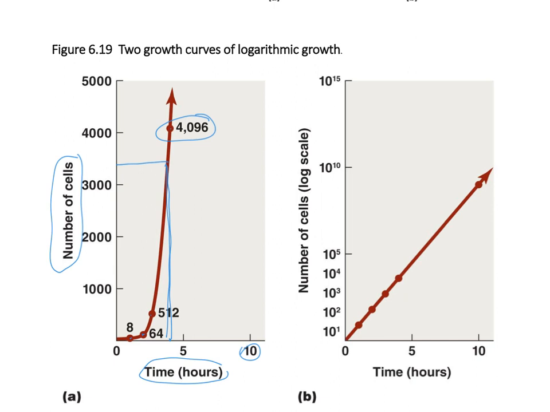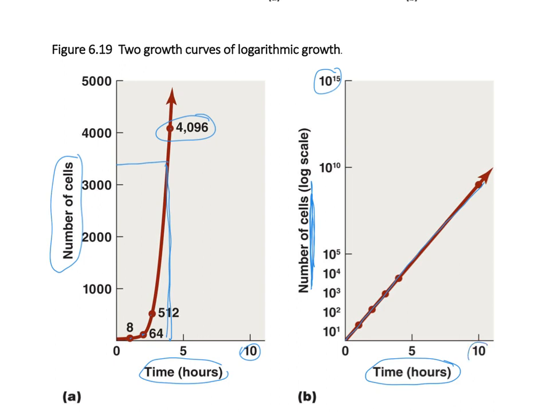So typically when we're graphing numbers of bacteria, we like to use semi-log paper. That means time is on a regular scale, and the y-axis, the number of cells, we plot on a logarithmic scale. That way our numbers can get really big, and our growth curve ends up being a straight line.